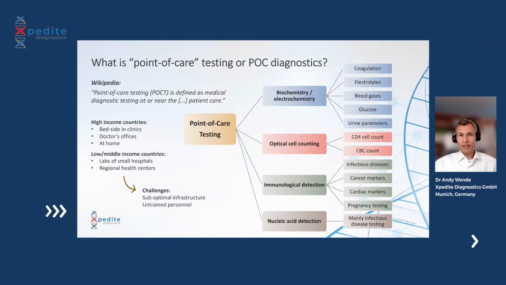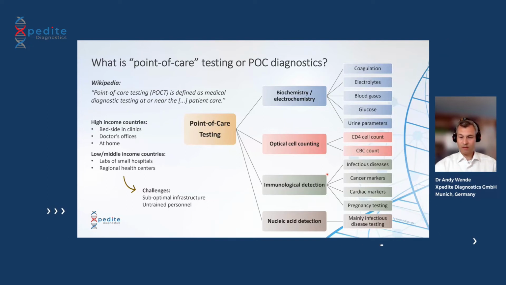Another category is optical cell counting. There are instruments out there which can do a CD4 cell count, for example, for HIV infections or to monitor HIV infections, or just doing a simple complete blood count, CBC. There are also point-of-care instruments out there already. Another very important and big section is immunological-based detection.